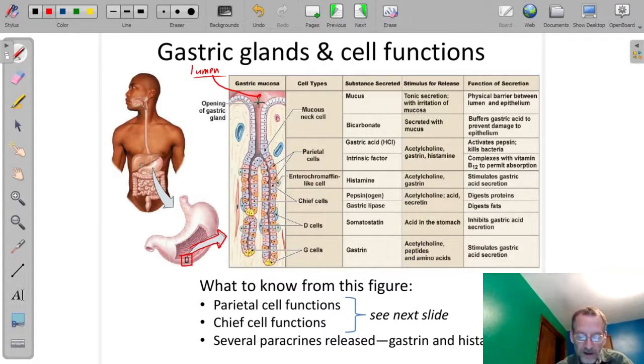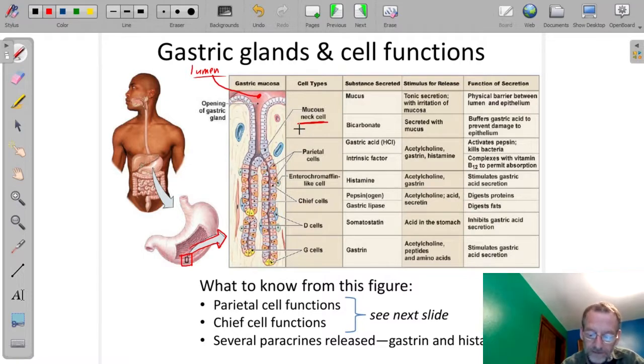And then there are lots of these little pits, these glands, like crypts, and they descend deep into the mucosa of the stomach, and they're lined with lots of different types of cells. So there are a couple of cells that we'll take a look at. There are mucous cells in sort of the neck of this duct, and they secrete mucus.